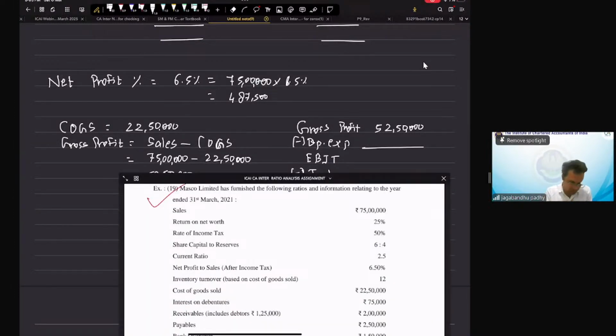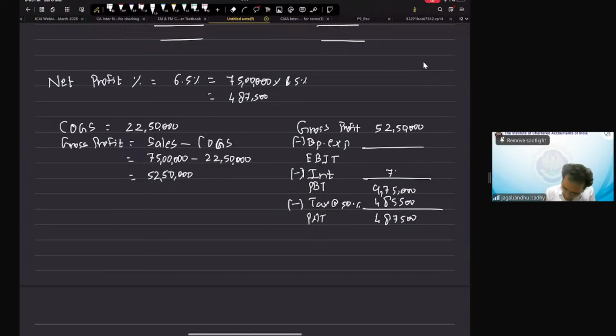We have the value of interest given to us. Interest on debentures is 75,000. So what will be the amount of EBIT, guys? Can you tell me what will be the amount of EBIT? Anyone?